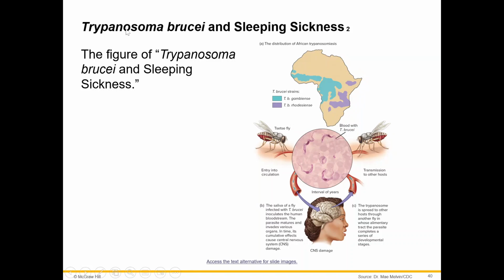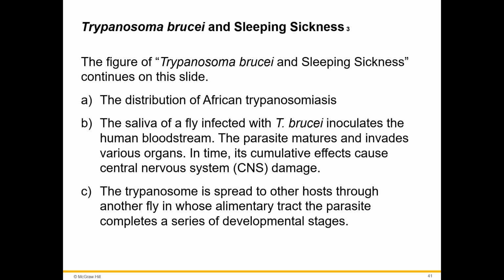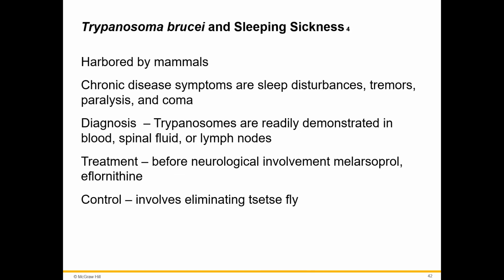But I just want you to know Trypanosoma brucei, okay? And this just explains what I just said. It can be harbored through mammals. And so here are some of the different chronic symptoms we'll see from this disease.